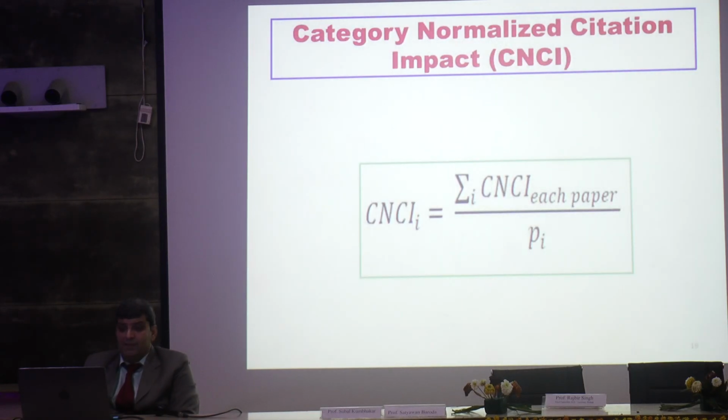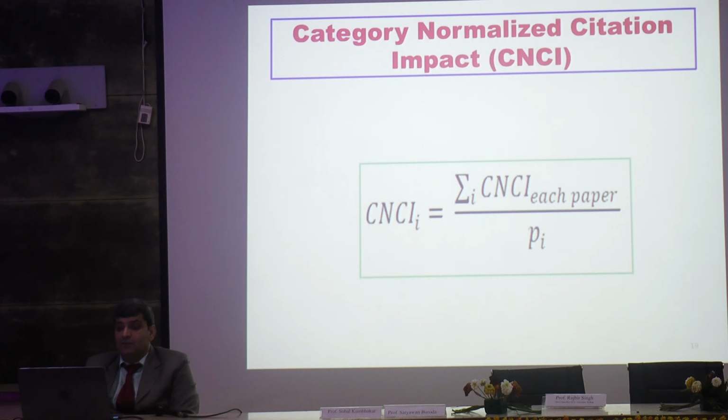Category normalized citation impact. Most people claim that social sciences is difficult, and in sciences, citation is a normal thing. And in sciences, they are supposed to do research. If we were good in education, then we might have opted for sciences. So we are not supposed to do good quality research or to get citations.